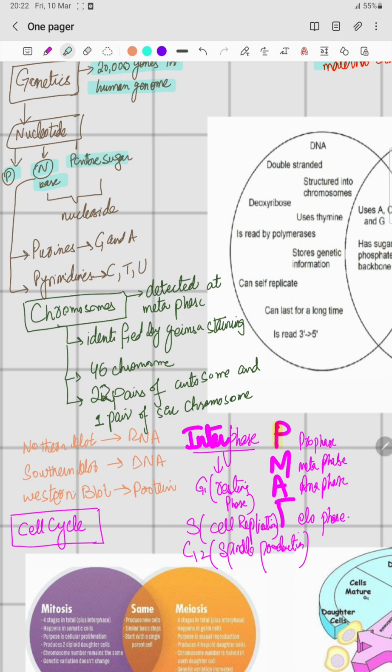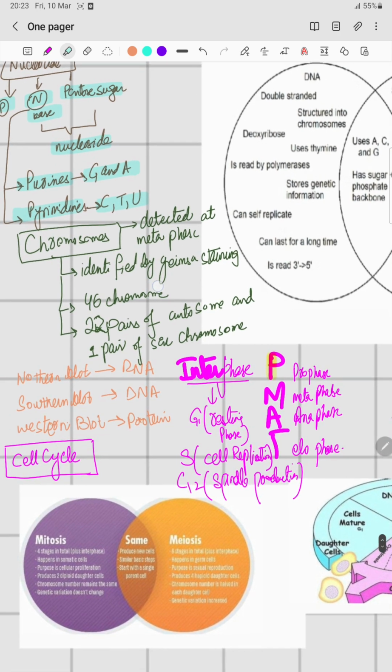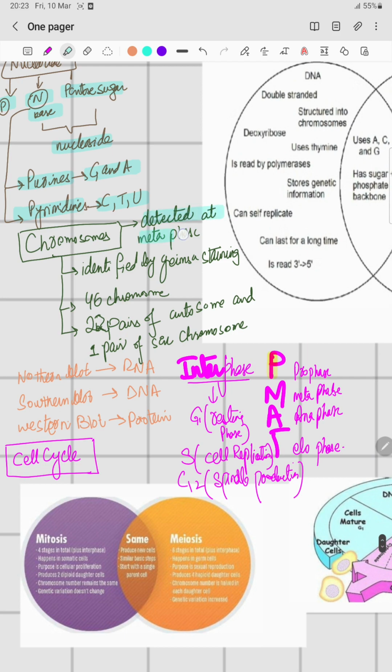The pentose sugar and nitrogenous base together are called the nucleoside, and the purines are guanine and adenine, and pyrimidines include cytosine, thymine and uracil.